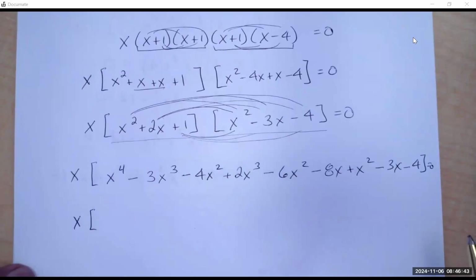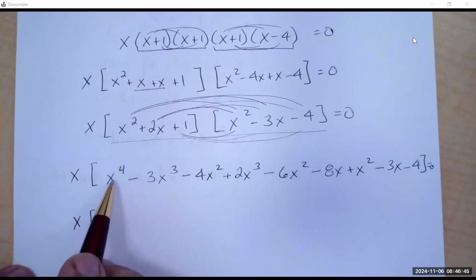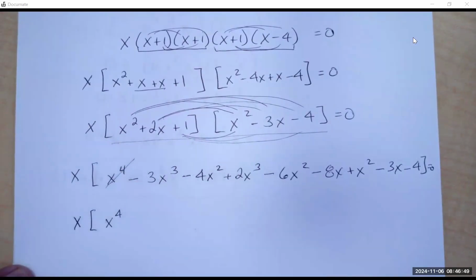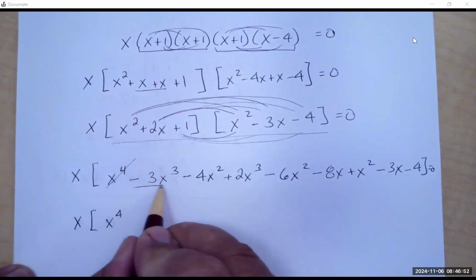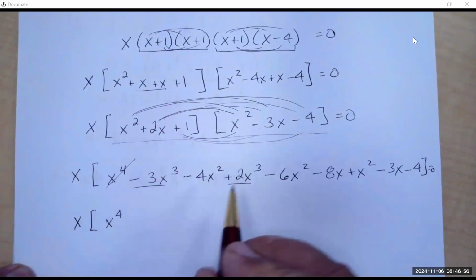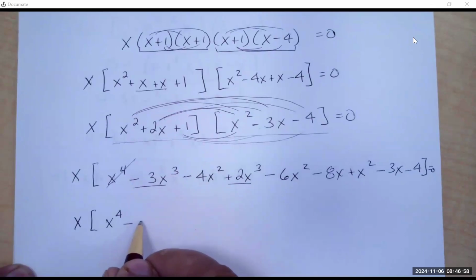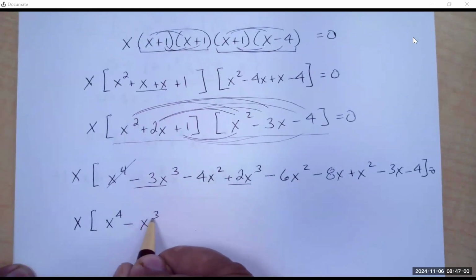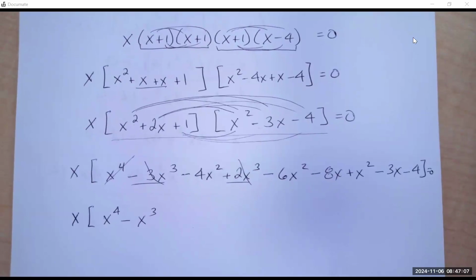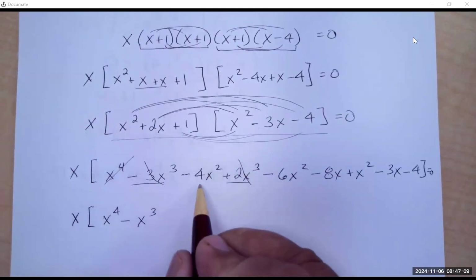Combine like terms. Start from the highest exponent. x to the 4th, there's only one of those. x cubed, we have one there, one there. So -3 plus 2 is -1, x cubed. Now the squares.